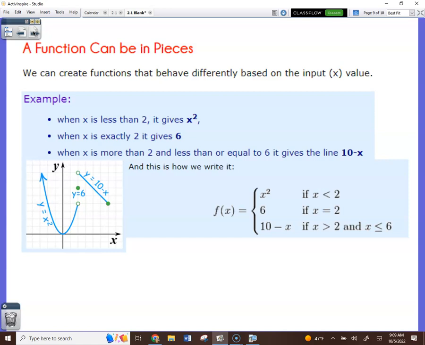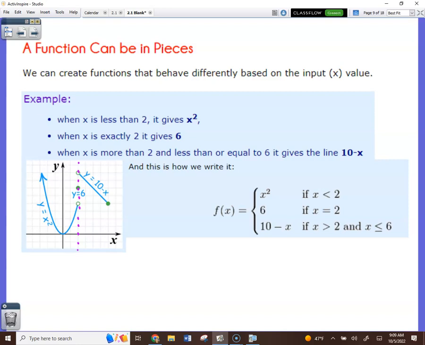In order for it to pass the vertical line test, which is that where you draw a line anywhere and it only crosses one time, you might think, well, what about right here? But what do you notice? Open, open, that's the only one closed. So it still passes. In order for piecewise functions to pass the vertical line test and be functions, you have what's called your domain restrictions.